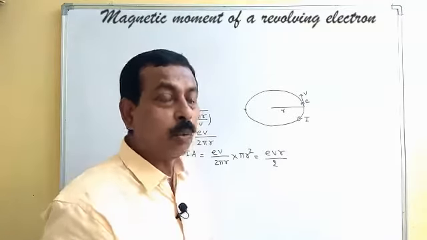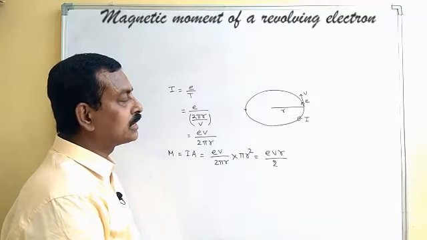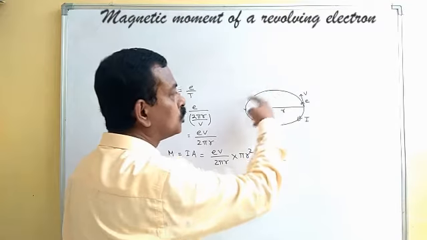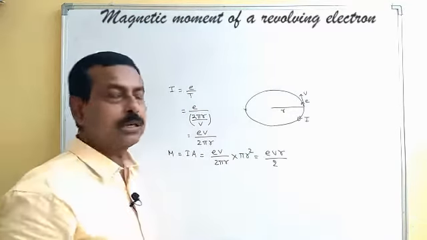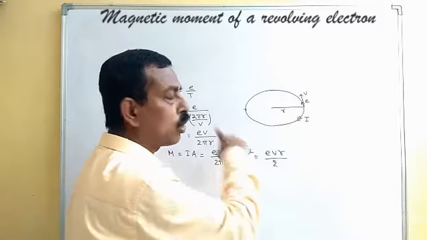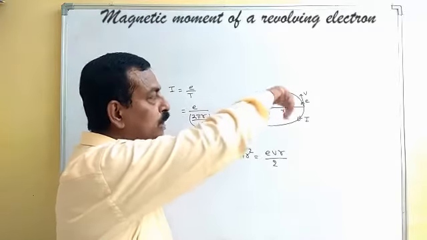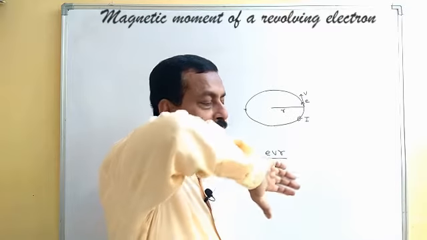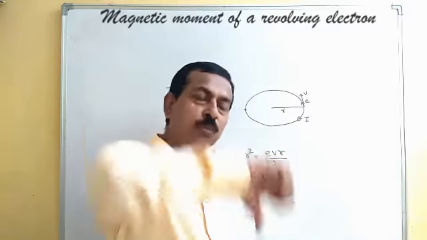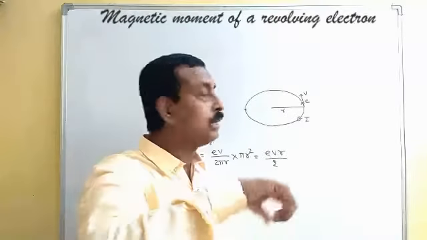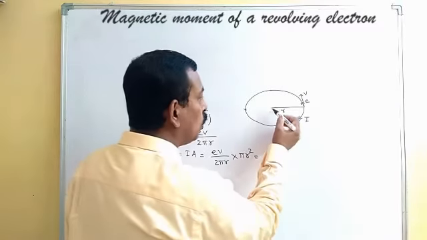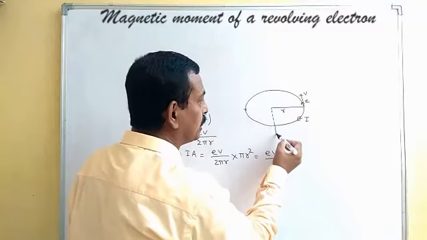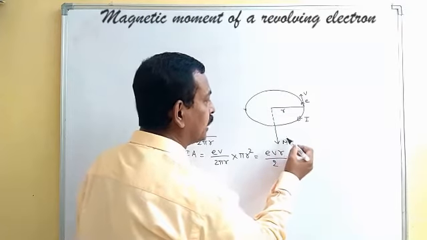And now let's see what will be its direction. If we consider that the electron is moving in the anti-clockwise direction, obviously the current will be flowing in the clockwise direction. So if the current is flowing in the clockwise direction, you can apply the right hand thumb rule there. If the current is in the clockwise direction, the thumb will indicate the direction of the magnetic field. So in that case, the dipole moment will also have its direction in the downward direction.